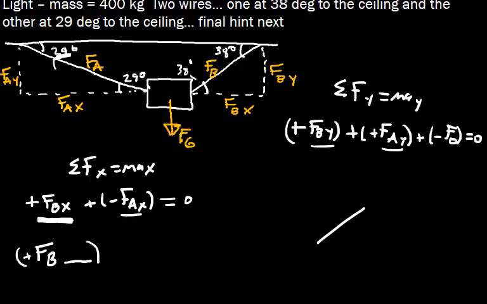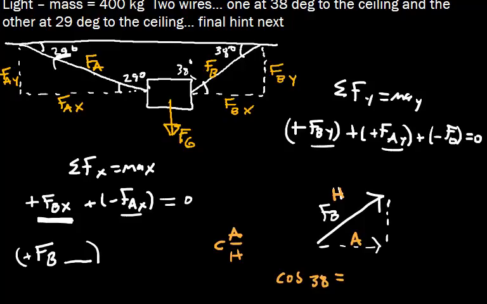So if we set up a triangle here, FB is the hypotenuse, H. I was doing this in the trigonometric color here, H. FBX is the adjacent side. So cosine equals adjacent over the hypotenuse. So really, we have cosine of 38 is equal to the adjacent side over the hypotenuse, which is FB.